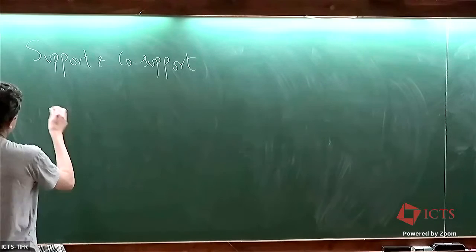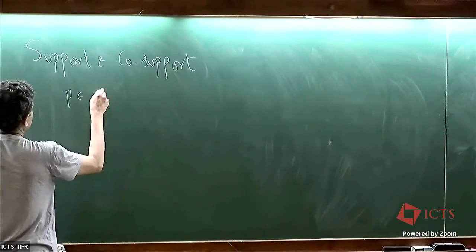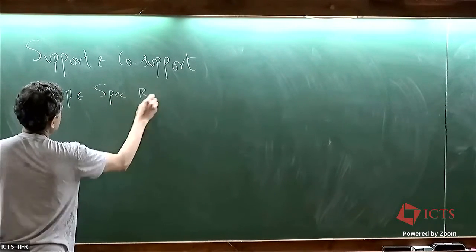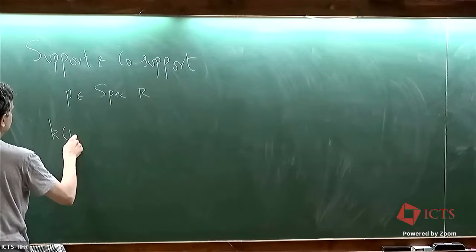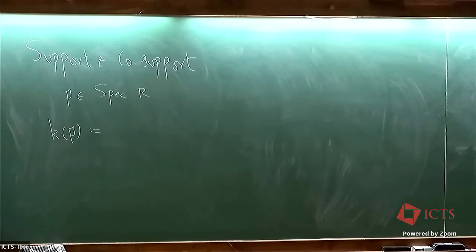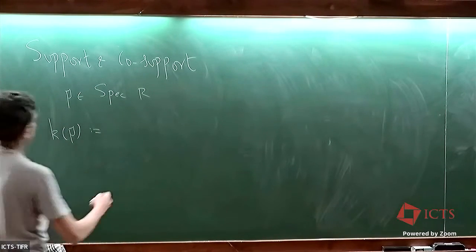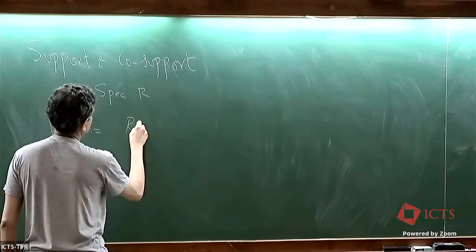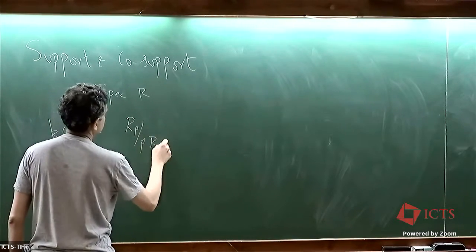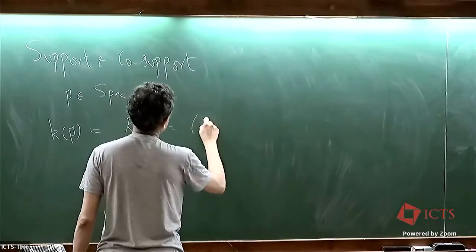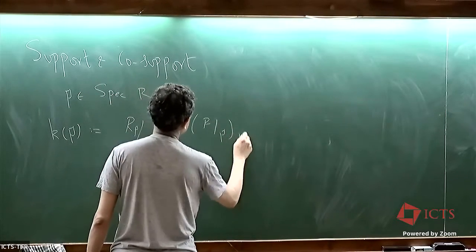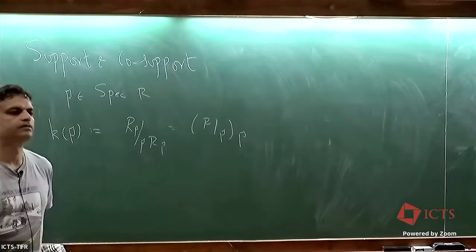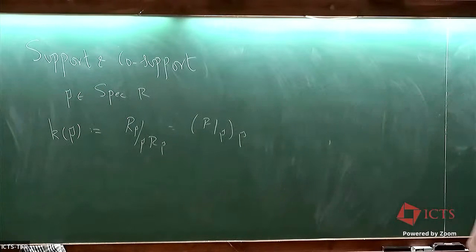Okay. So if you look at a fixed prime P in Spec R, and then as before, let this be the residue field of R localized at P. So you look at R localized at P, or the same as the field of fractions of R mod P. No, take this map, right?